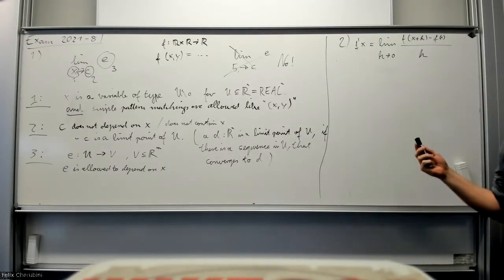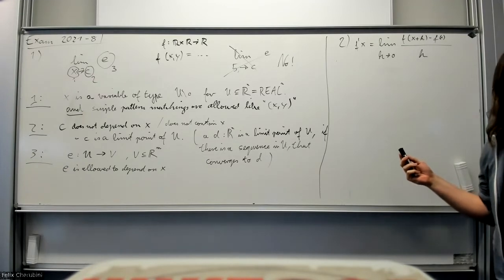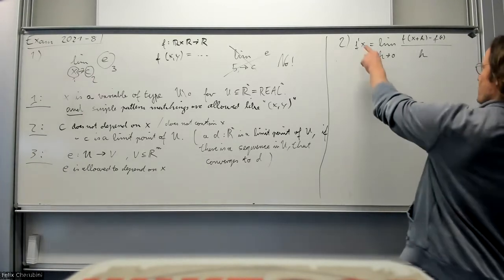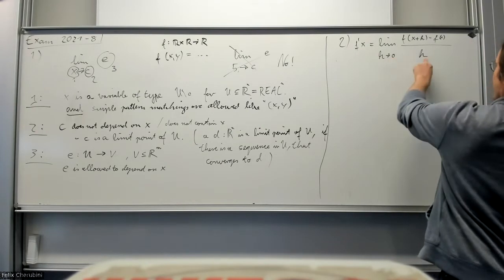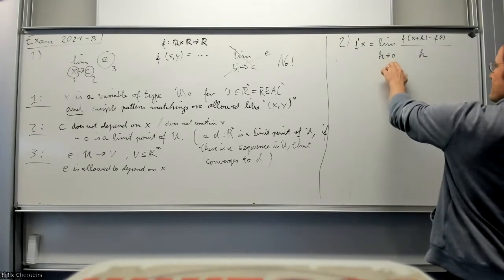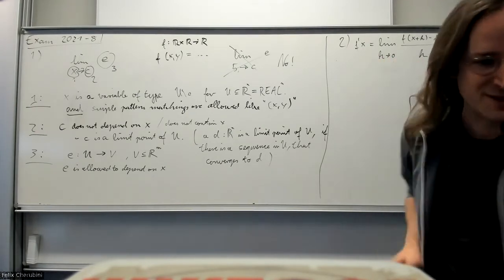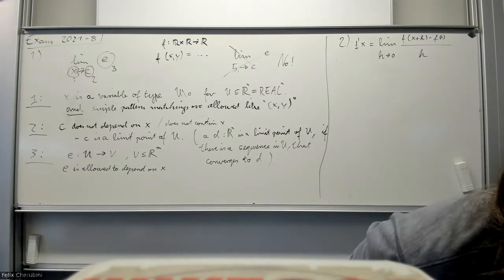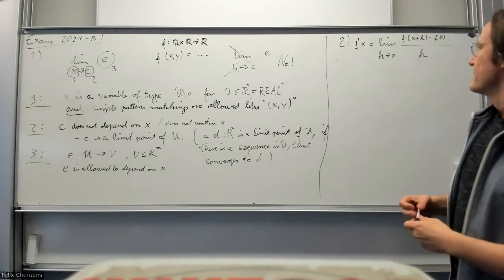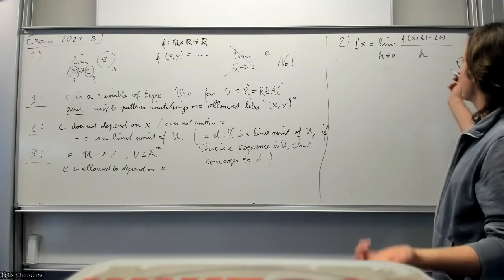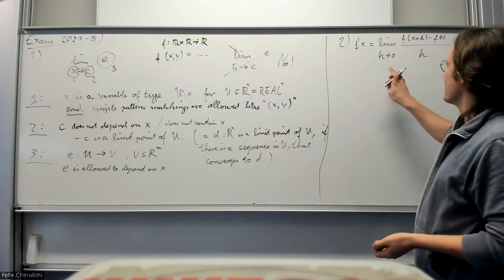Okay, yeah. And we are asked to explain the type of these symbols. I guess we don't have to talk about the 0. And we are also asked to explain our reasoning.